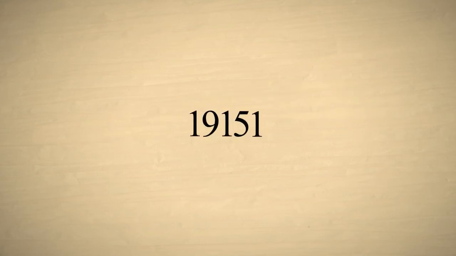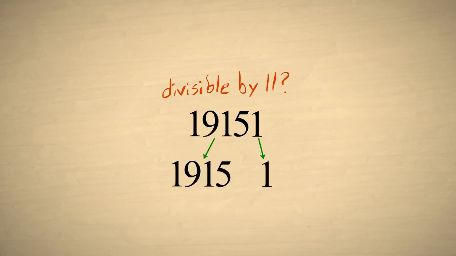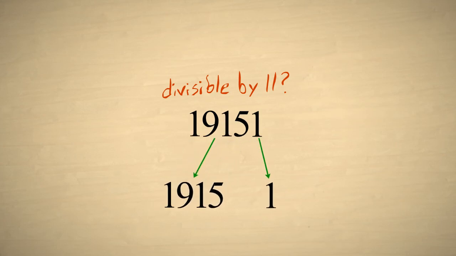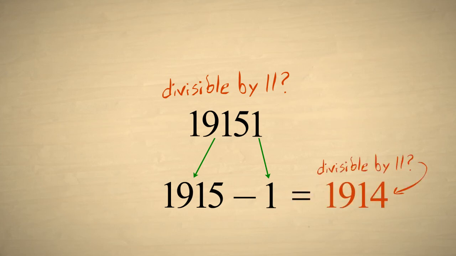There are many tricks for testing whether a number is divisible by other primes. For instance, to determine if a number is divisible by 11, first separate the last digit from the rest of the digits in the number. Then subtract the last digit from the number formed by the other digits. If the result is divisible by 11, then so is the original number.